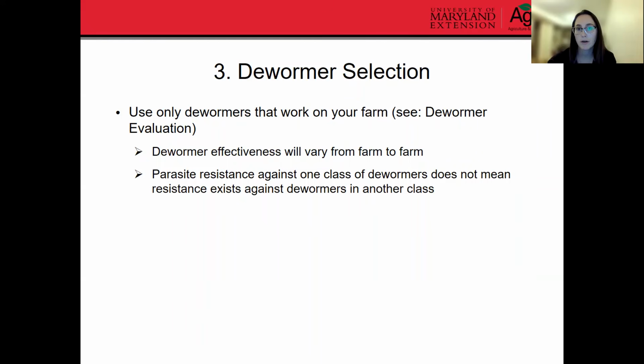So if one farm has an issue with resistance to ivermectin, another farm might not necessarily. It really depends on the farm. And parasite resistance against one class of dewormers does not necessarily mean that resistance exists against dewormers in another class. So again, we have to test it. Otherwise, we can't just make general assumptions for our farm.